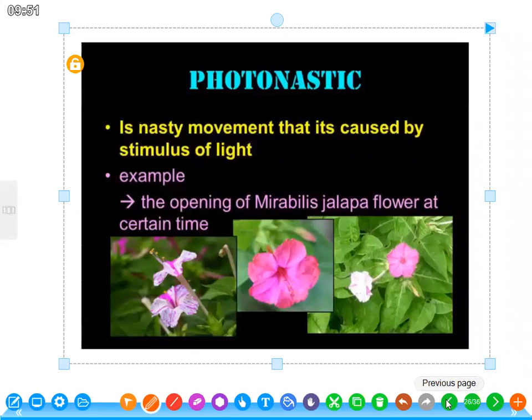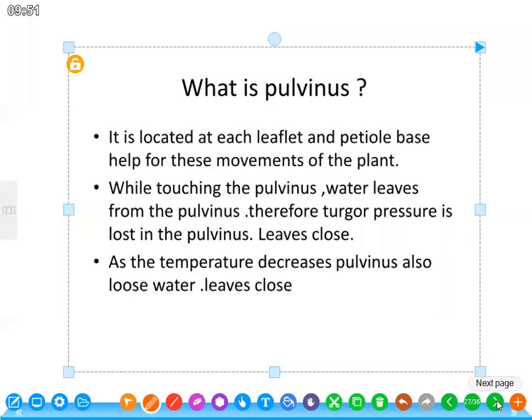Then what is the pulvinus? It is located at each leaflet and petiole base and helps with these movements of the plant. While touching, water leaves the pulvinus.